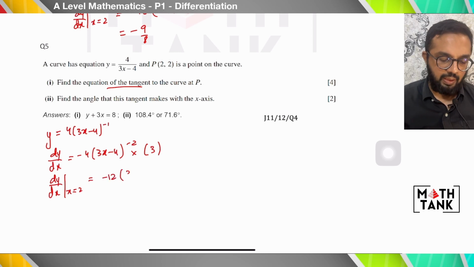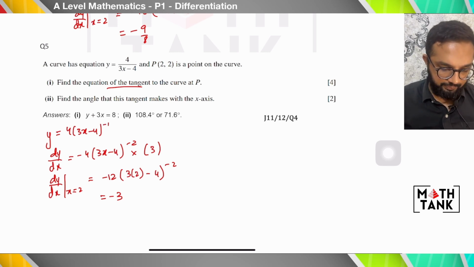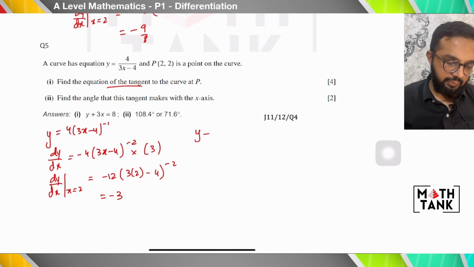I have minus 12 (3 times 2 minus 4) power minus 2. That gives me minus 3. I want to find the equation, so y minus y1 equals m(x minus x1).